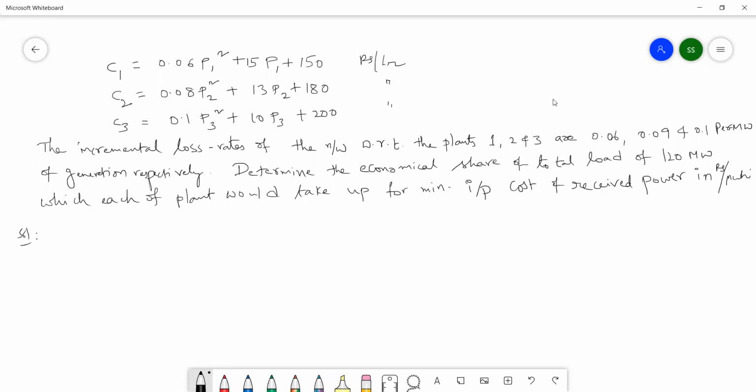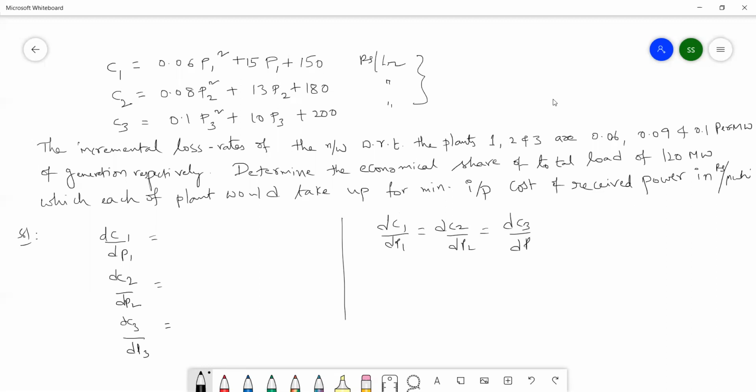As per given data, you have to write all these equations and make them as an incremental cost by differentiating with respect to corresponding dP1, dP2 and dP3. Now for economical scheduling the condition is our coordination equation, dC1 by dP1 equal to dC2 by dP2 equal to dC3 by dP3.